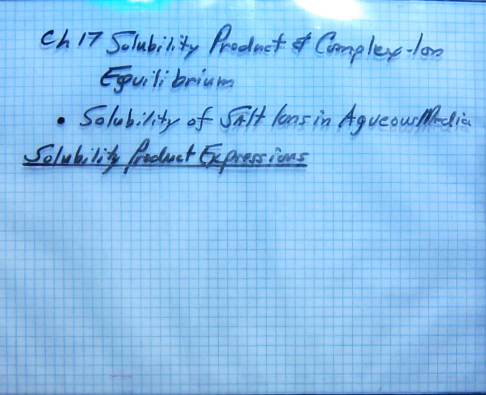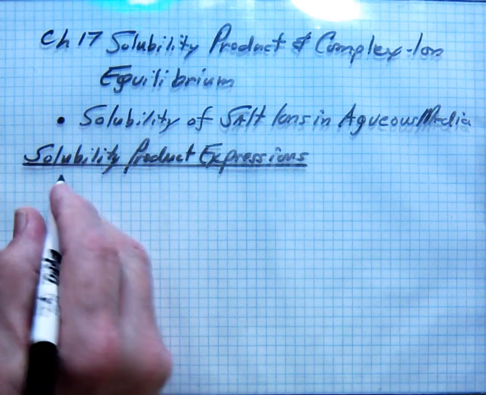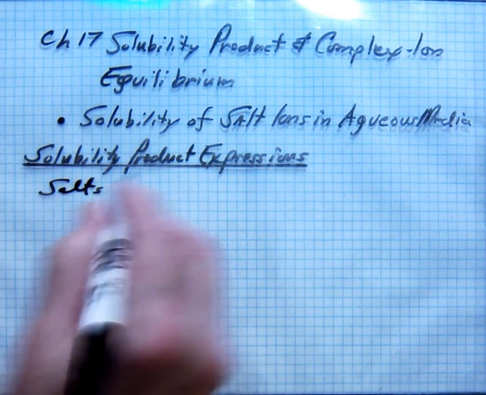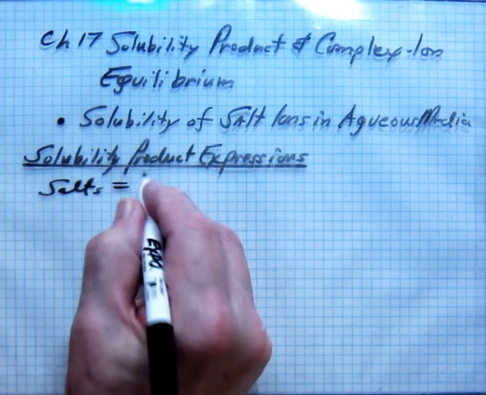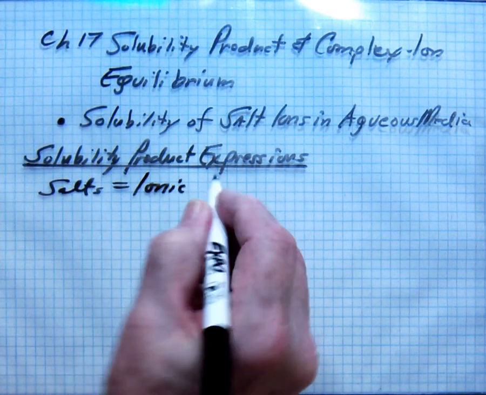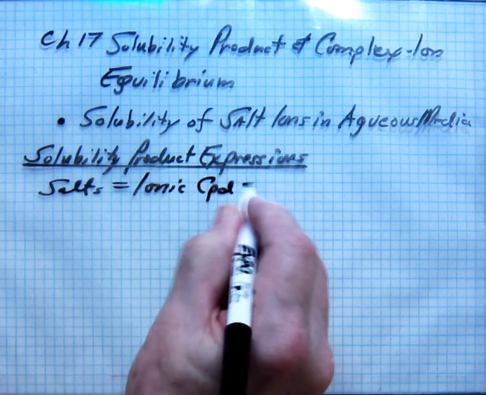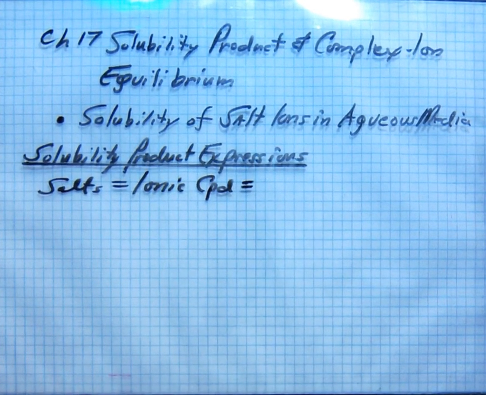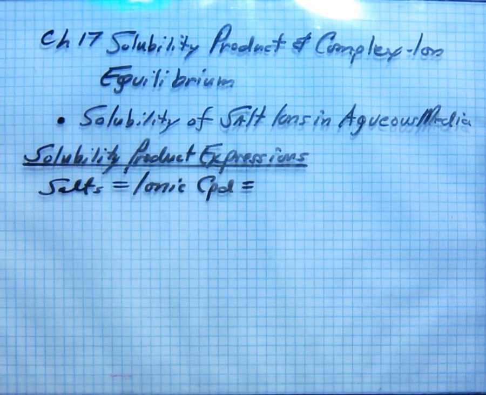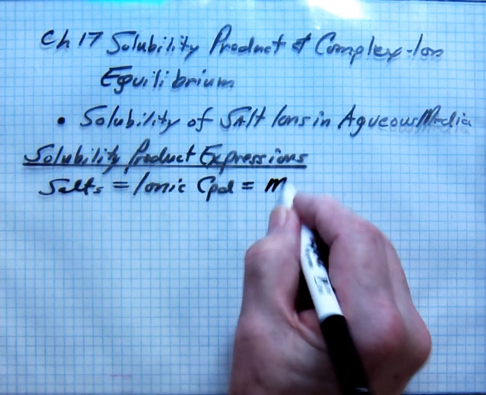Salts ionize 100%. But not all salts have the same solubility. We've mentioned that several times before. Salts are the same thing as saying an ionic compound. And except for ammonia derivatives, everything we will use will be metal plus nonmetal.